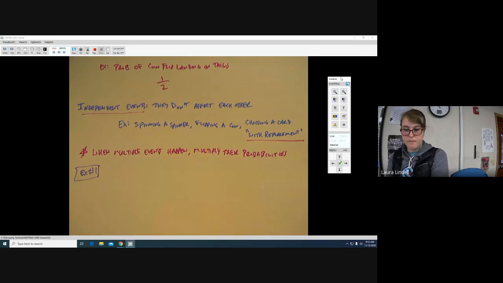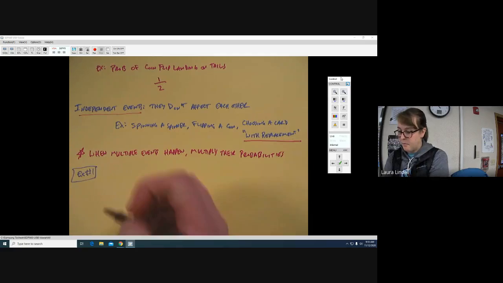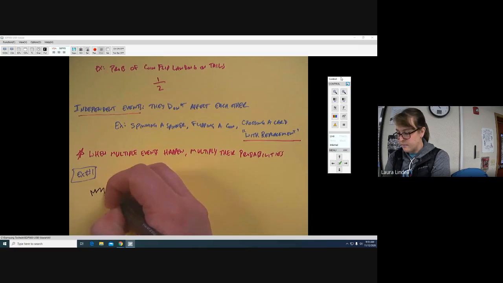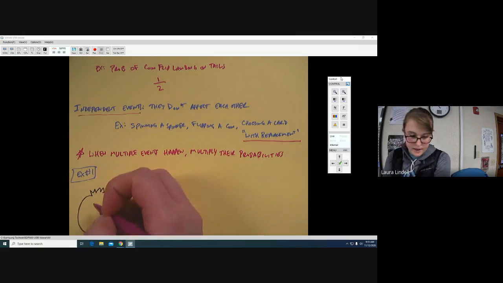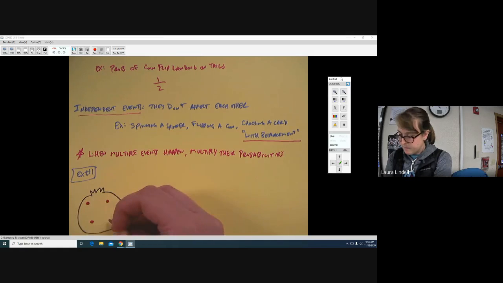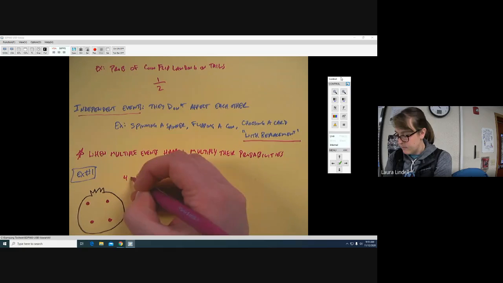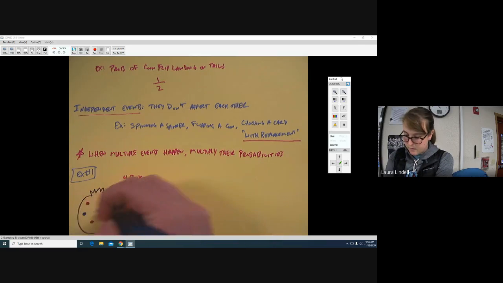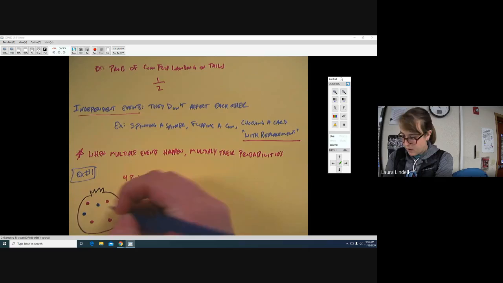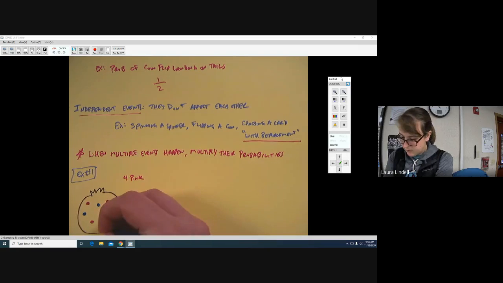Example number 1. In example number 1, I have a bag of marbles. Here's my bag. Looks kind of like a pomegranate. In my bag, we have 4 pink marbles. We have 1, 2, 3, 4, 5 blue marbles.